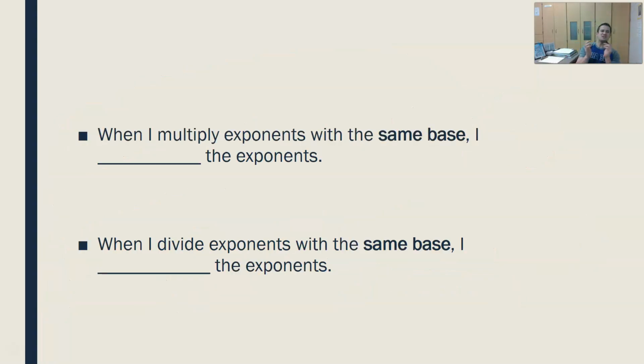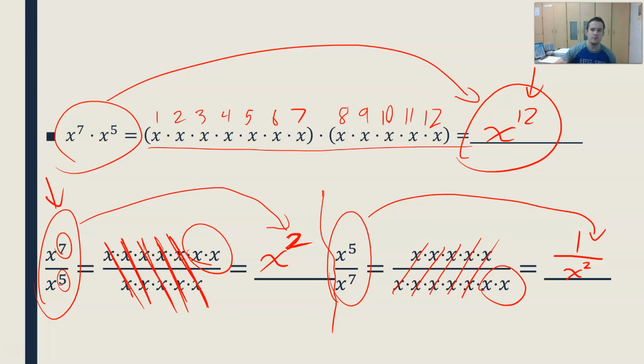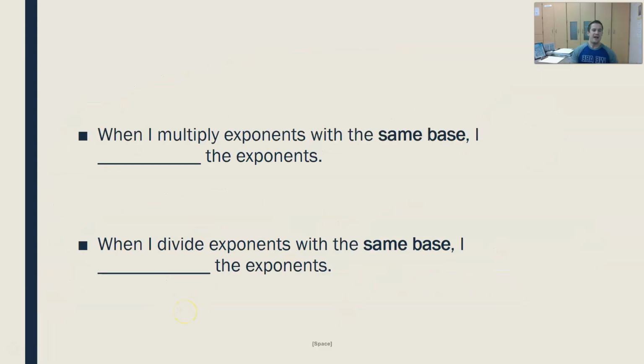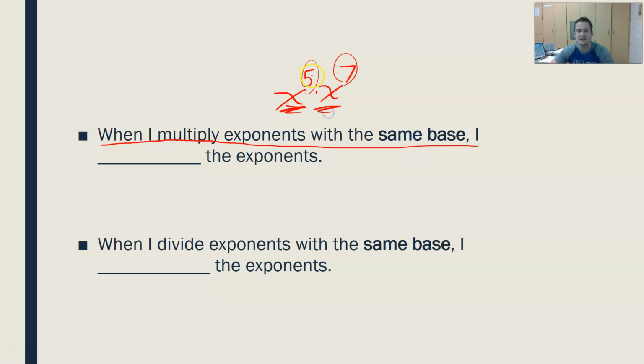So, as a general rule, on all of these problems, technically you can write out all the x's, count how many there are, or see how many of them cancel out. As a general rule, something we start to notice with these exponents is that when I multiply exponents with the same base, like x to the 5th times x to the 7th, I add the exponents together.